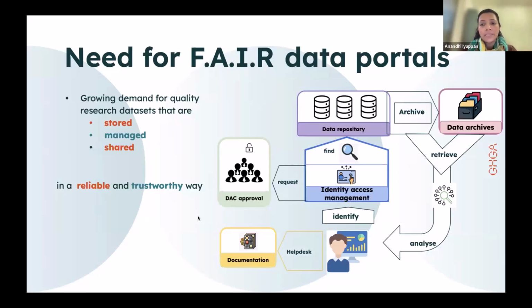So on the right-hand side, what you see is a representation of how a FAIR data portal should be designed. It could come up with various functionalities like archiving facilities, information that is stored, retrieved and analyzed, and also a stronger support system from the data host to the data consumers, where there can be stronger interaction between the two entities.